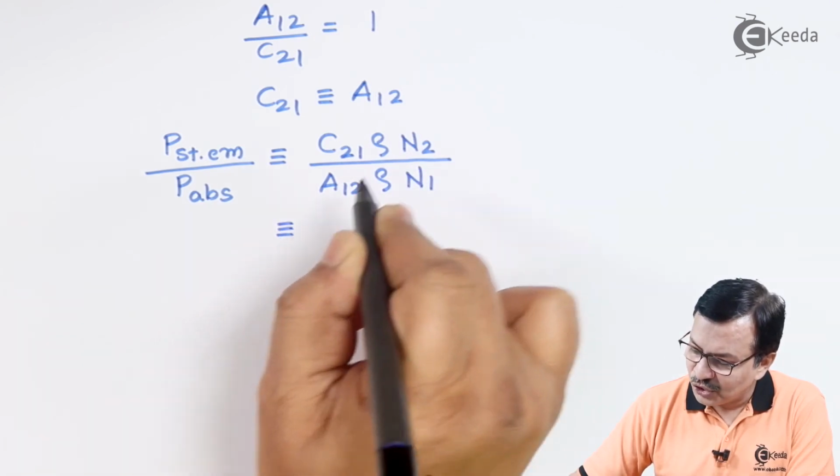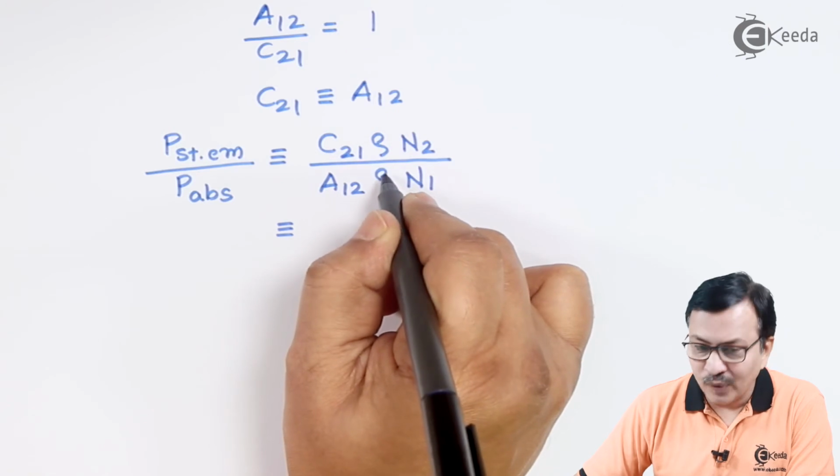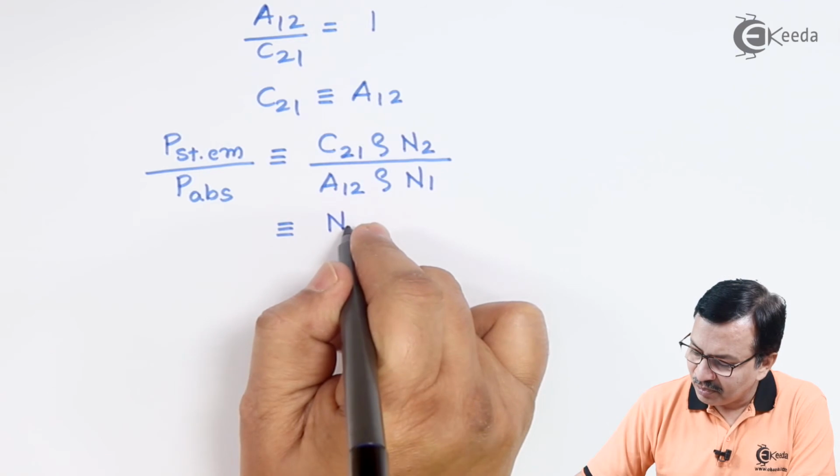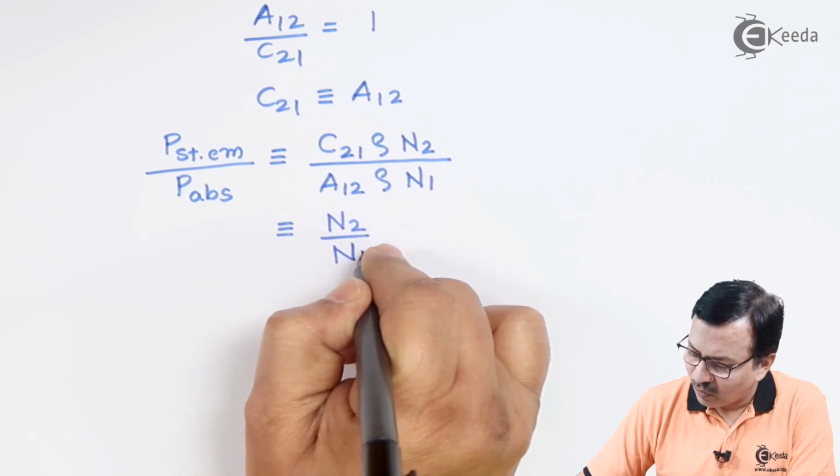The rho will get deleted, and C21 is equal to A12, and hence this simplifies to N2 upon N1.